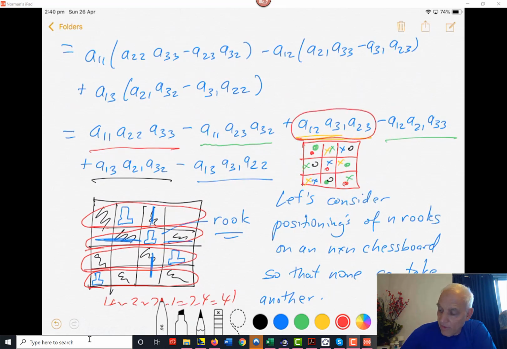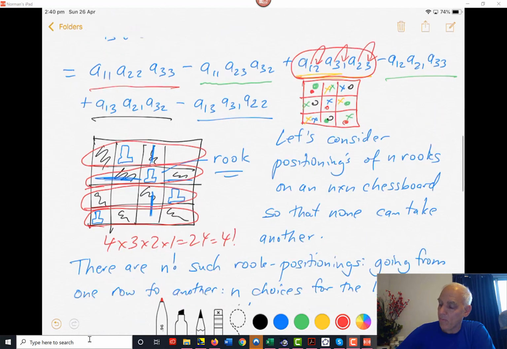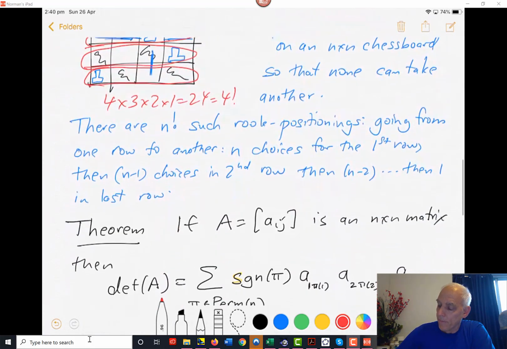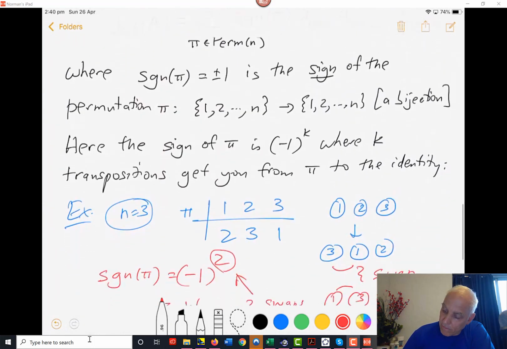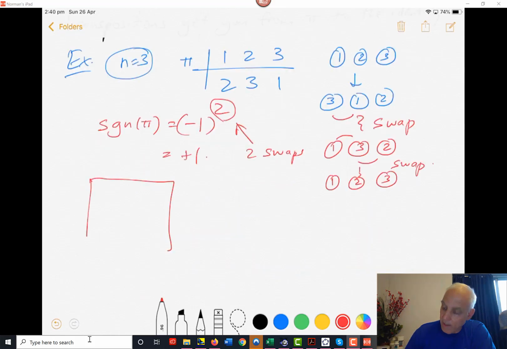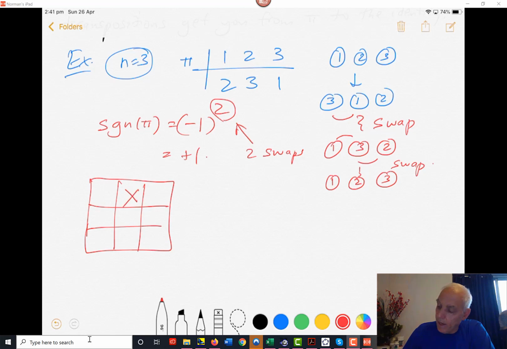Okay, so see, this term corresponds to the permutation that 1 gets sent to 2, 2 gets sent to 3, and 3 gets sent to 1. So this permutation that I just circled corresponds to this permutation, and we could also describe it in terms of our chessboard. That happens to be the 1, 2 entry, that one there, and the 2, 3 entry, that one there, and the 3, 1 entry, that one there.